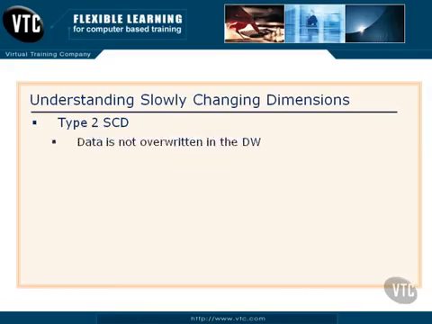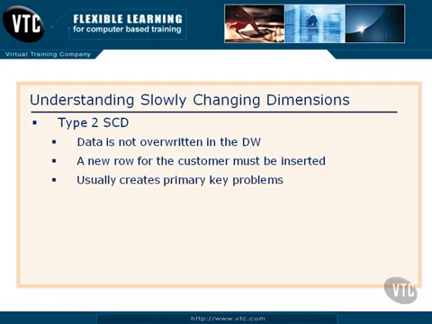Now, a Type 2 slowly changing dimension is a little different. We don't just overwrite data in the data warehouse. Now, you could have guessed that, no doubt, but let's talk about how we're going to do it. We're going to have to insert a new row for that customer into our dimension table. Now, that's going to create a problem for itself there, because this is usually going to create primary key problems, because our primary key in our dimension table is most likely going to be tied to, for example, if it's a customer table, a customer ID.